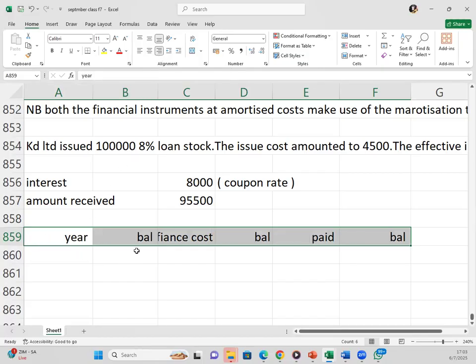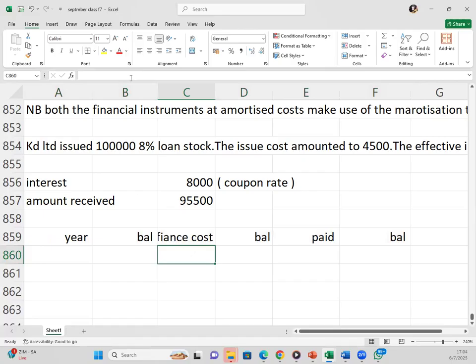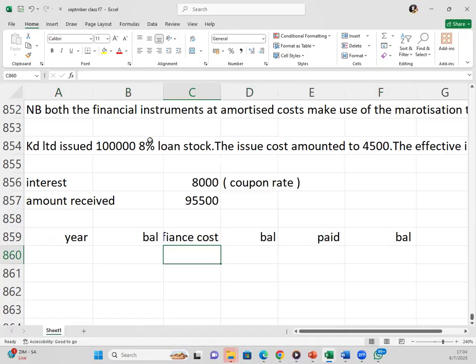In most cases, interest is paid in arrears. So if it's interest, we will pay the interest after the year, not at the start.